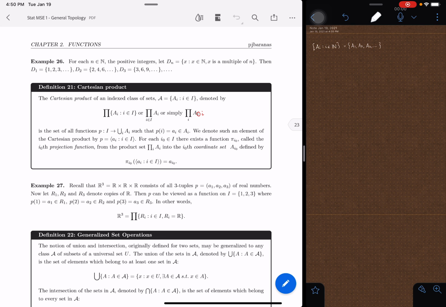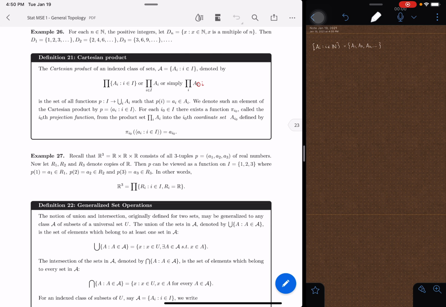Okay, so let us now proceed to the Cartesian product of an indexed class of sets. We use capital Pi to denote Cartesian product, especially when we're going to perform multiplication of several sets.